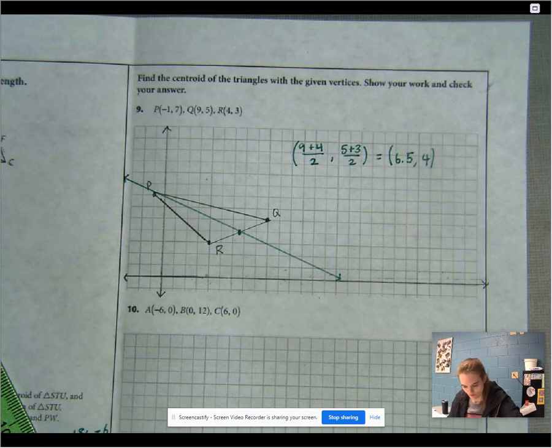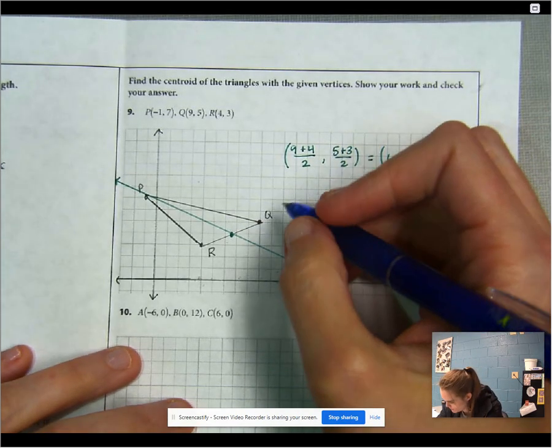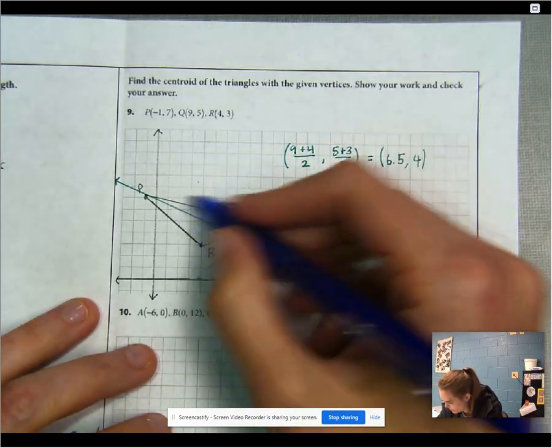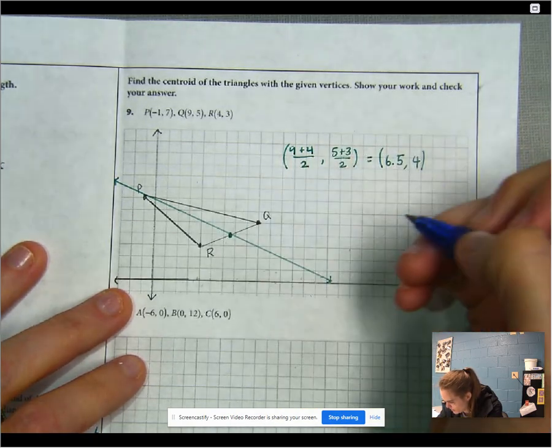Okay, now let's go from a different side. It doesn't matter. Let's say PR or PQ. Doesn't matter either way. I'll do PQ.